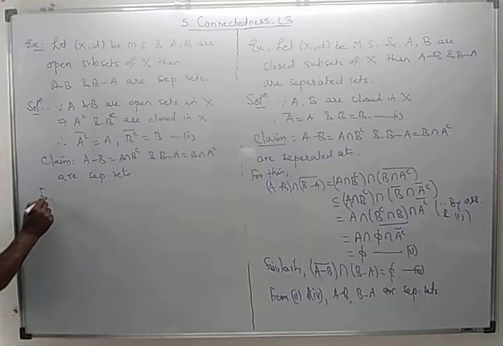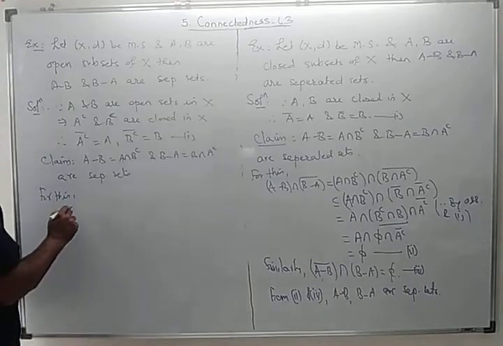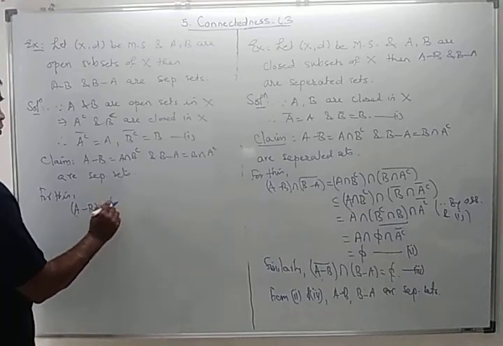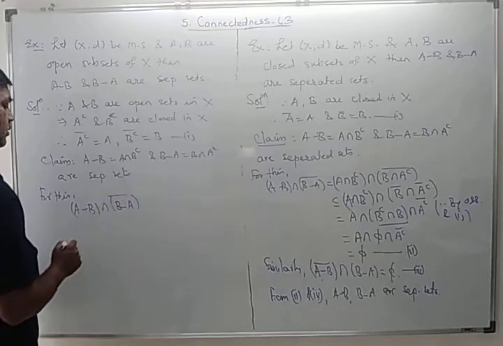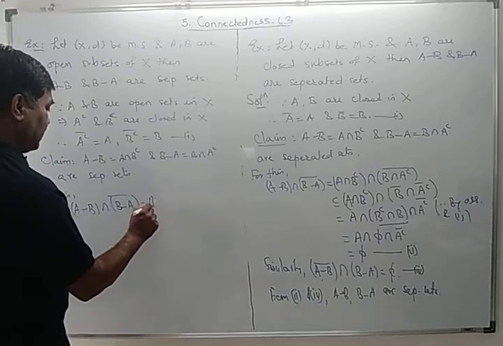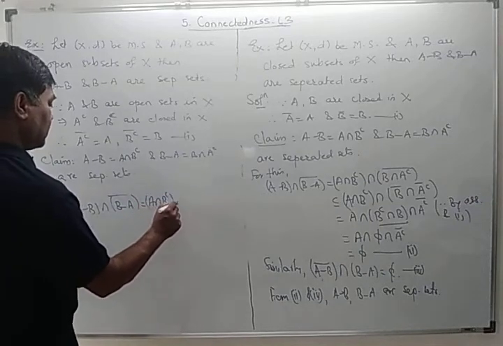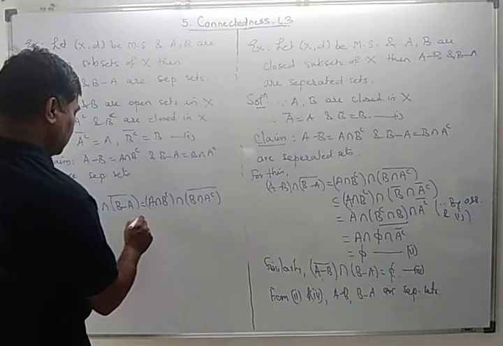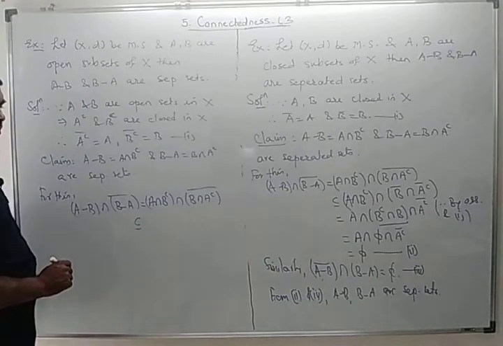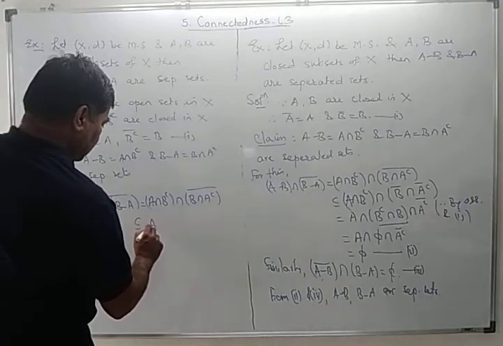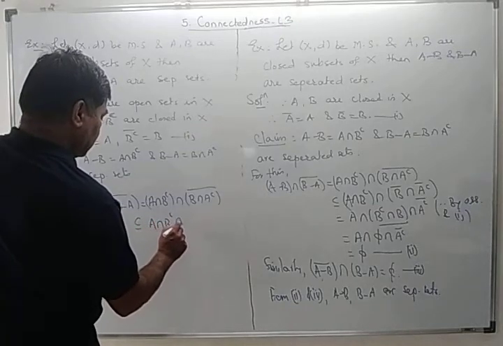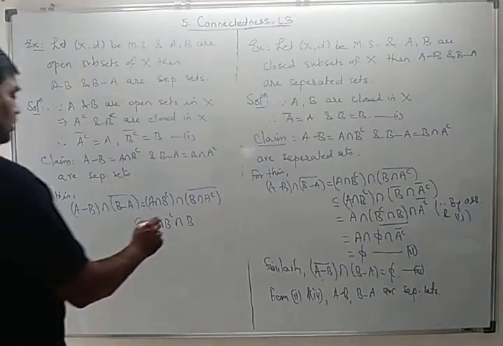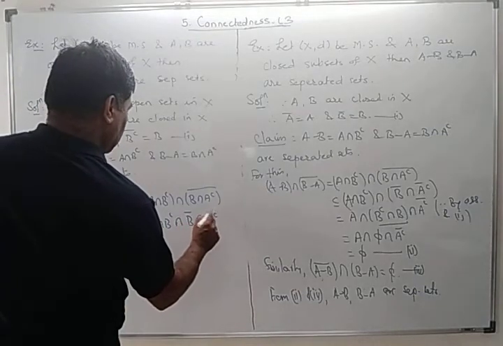So for this, (A minus B) intersection closure of (B minus A) I can write as A intersection B complement intersection closure of (B intersection A complement), and this is contained in A intersection B complement intersection B closure intersection A complement closure.